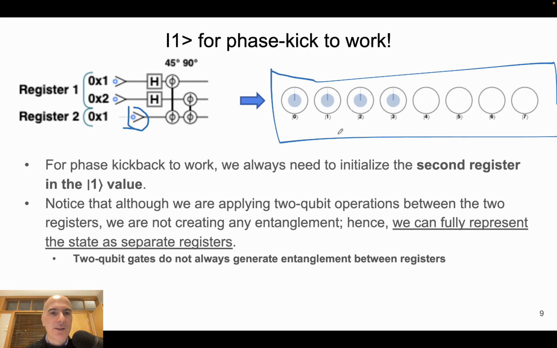Obviously, we looked at 2-qubit systems that are interesting, the Bell pairs and the phase kickback. In one case we saw entanglement, in this case we didn't see entanglement. So it means a 2-qubit gate might or might not produce an entangled state. This is the last slide of this lecture, and talk to you soon.